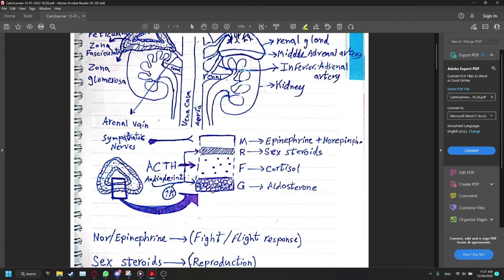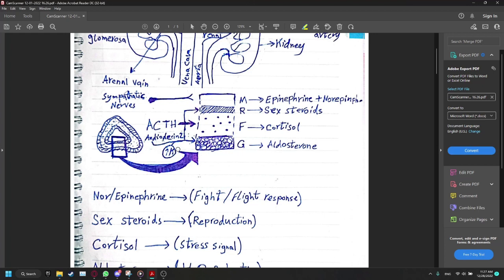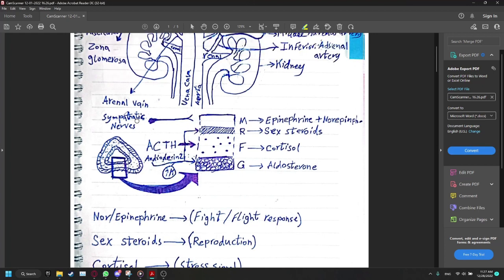And so at this point the body can't just keep doing the sympathetic nerve thing on the adrenal gland, so it's going to start working on the adrenal cortex here. The adrenal cortex is mainly important for the long-term stress type of thing.